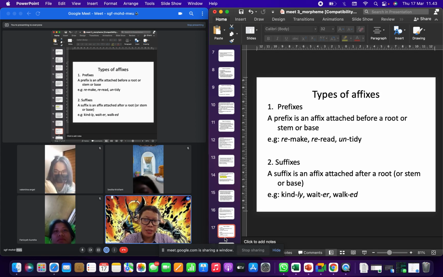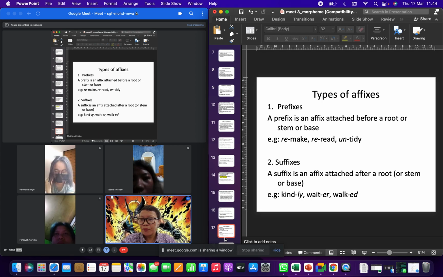Now, if you see here, the use of suffix attached to a root can change the part of speech, can change the meaning of the word, and can change the form of the tense.